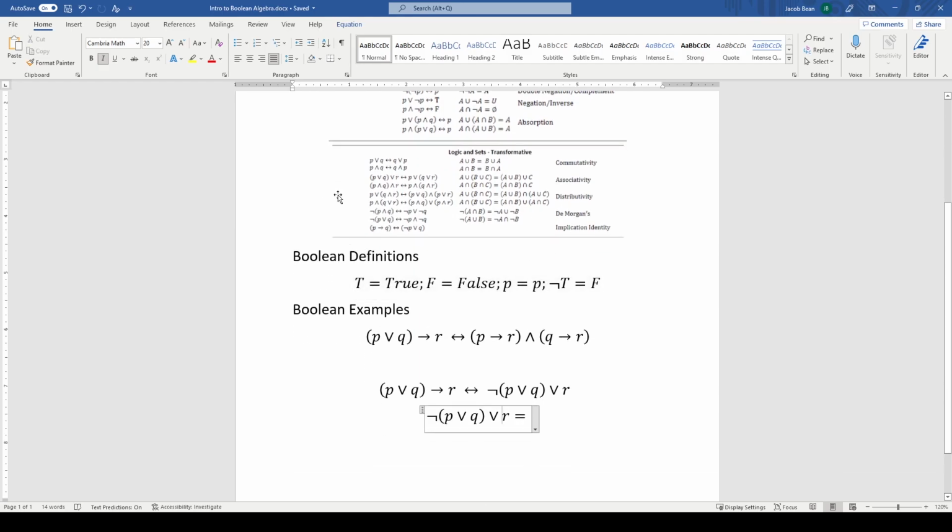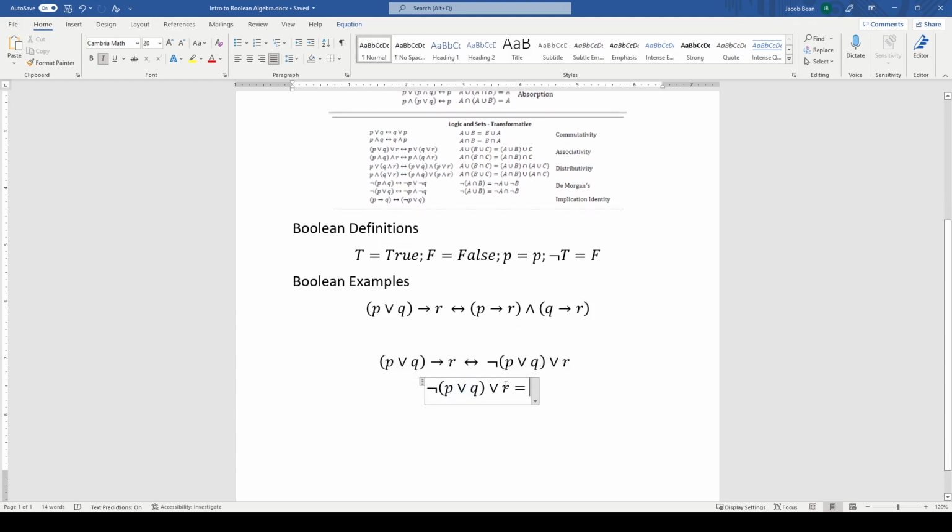De Morgan's law tells us that when distributing, we flip the sign. So it's going to look like this, and instead of an or, this becomes an and.